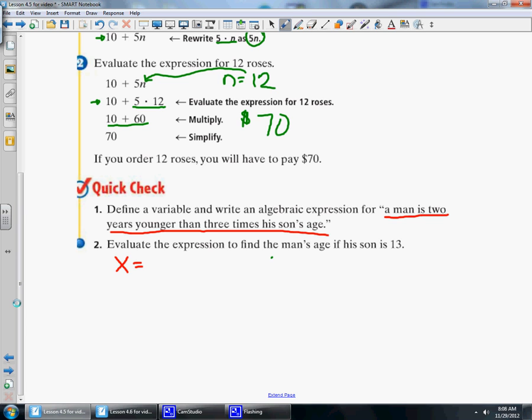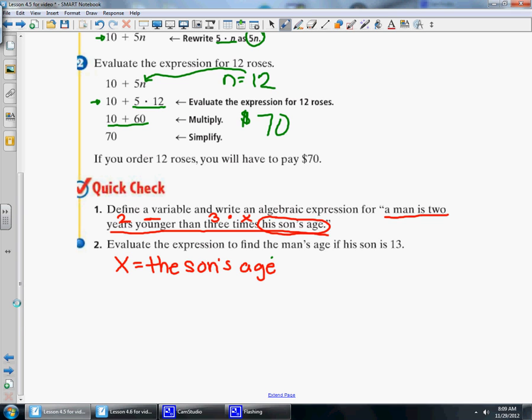The question that we're trying to find here is his son's age. That's going to be our variable, because we do not know that. So a man is 2 years younger. If you're younger than someone, you're going to subtract. So we're going to have to subtract 2, then 3 times his son's age, which we set as x.